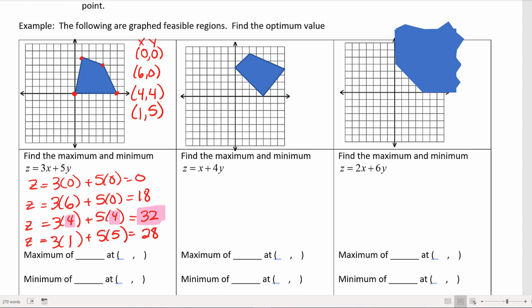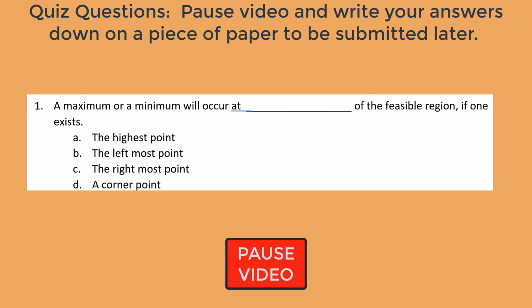When I'm trying to identify the maximum, I'm going to write the max is 32, and it occurred at 4, 4. Now I'm going to look for the minimum. What is the lowest value here? Well, the lowest value is 0, and where did that occur? At the point 0, 0. So the minimum is 0, and it occurred at 0, 0. And that's how you're going to find the minimum or maximum of your optimum function.